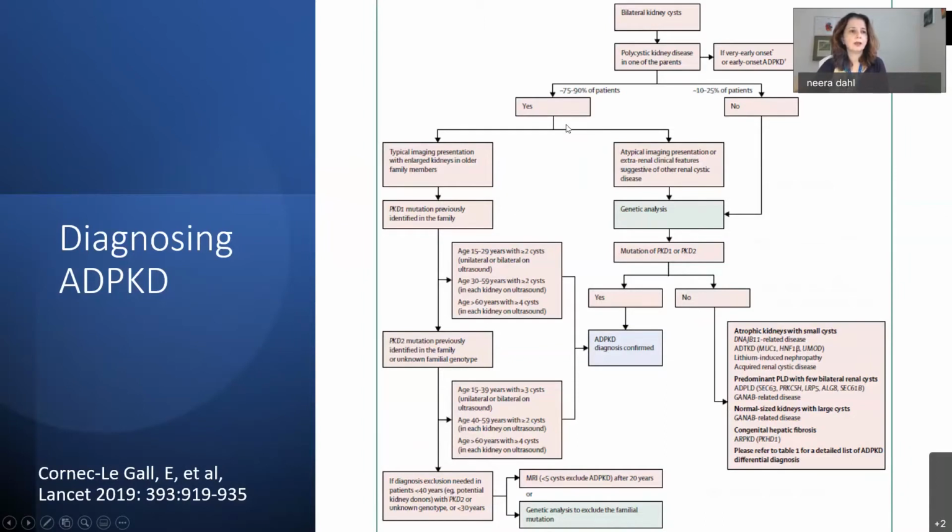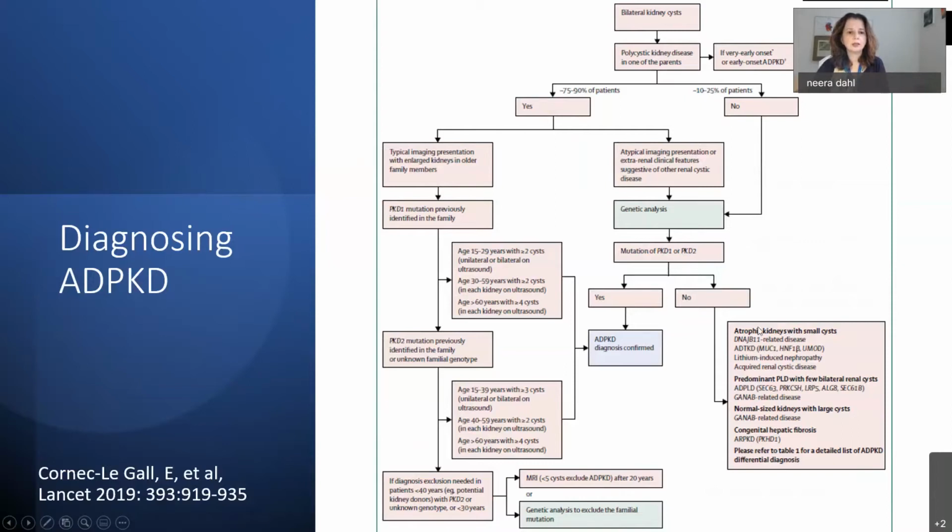If they have a family history but have atypical imaging, that might be a reason to consider genetic analysis, because in particular, we know that there are a lot of mimickers of things that can cause both kidney and liver cysts that may not be ADPKD.